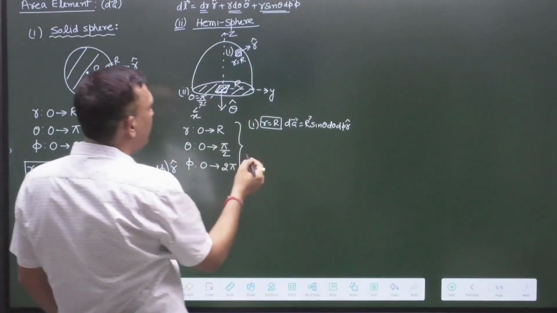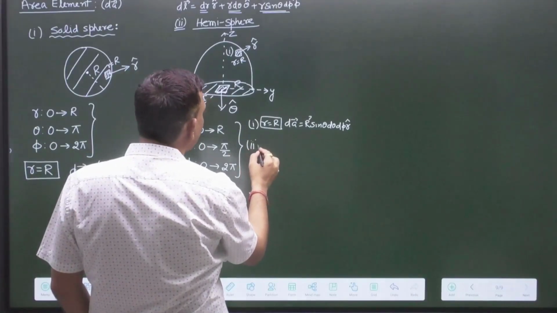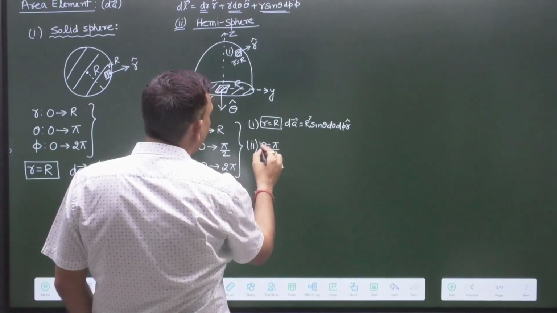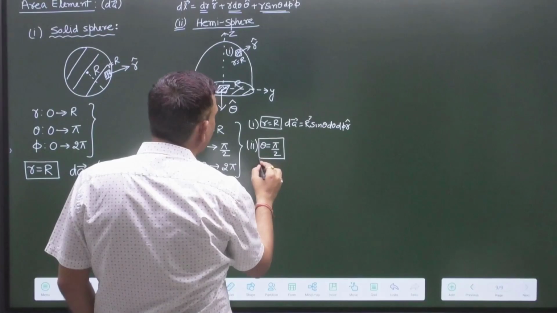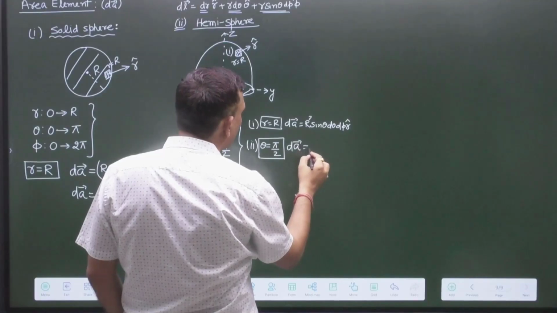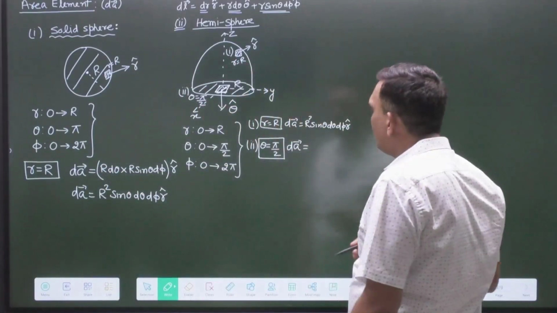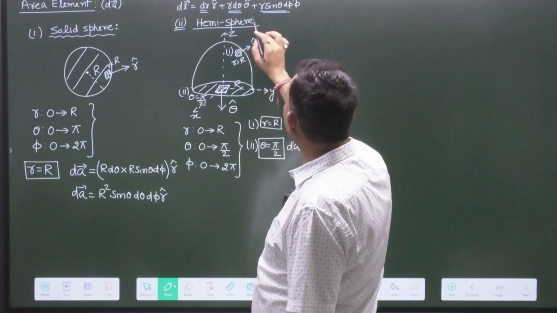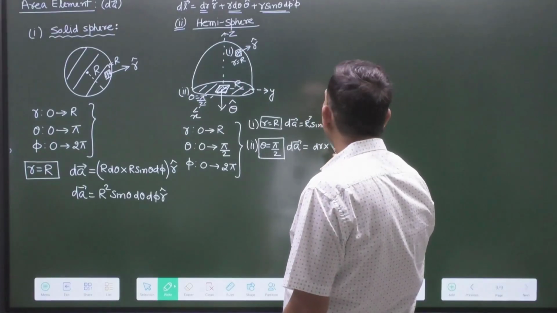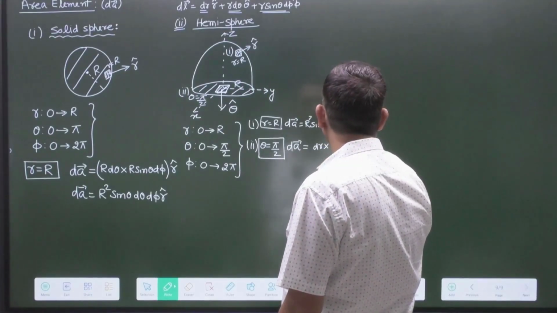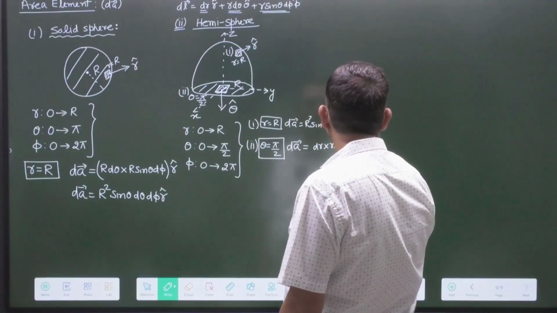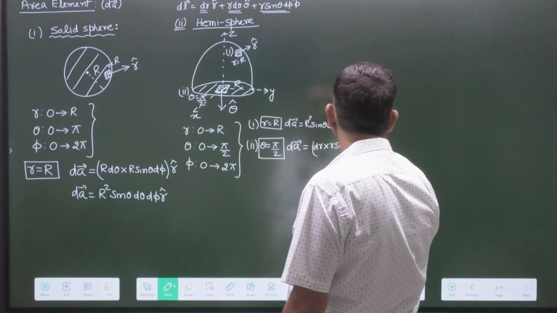Theta is fixed. So what will be dA for surface 2? Theta is pi by 2. So when theta is fixed, the variables are r and phi. So you will get dr into r sin pi by 2 d phi, and the direction is theta cap.